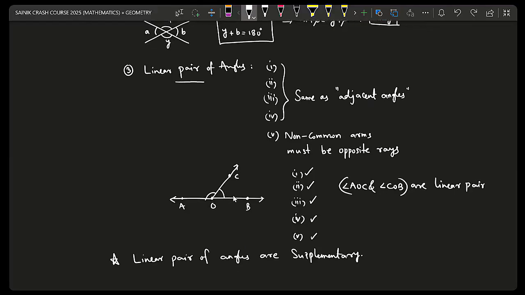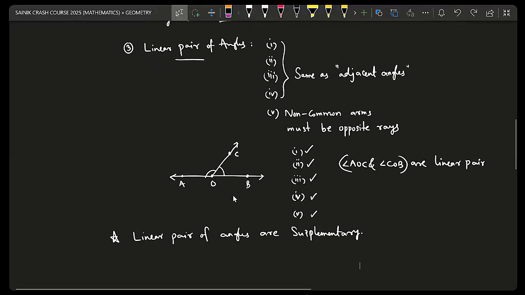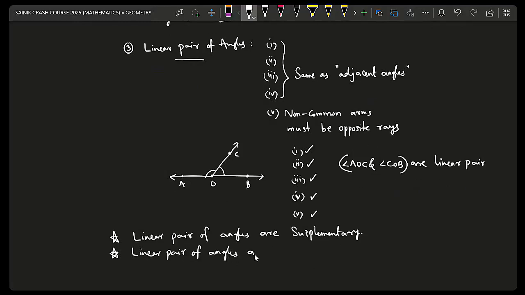And one more important thing, that is in linear pair of angles, we have the conditions for adjacent angles. That means whenever two angles form a linear pair, they are definitely adjacent. But if two angles are adjacent, they need not be a linear pair. So this condition is also important. We can say linear pair of angles are always adjacent.